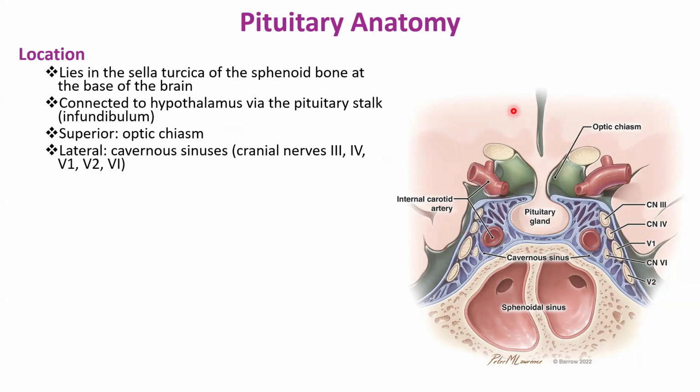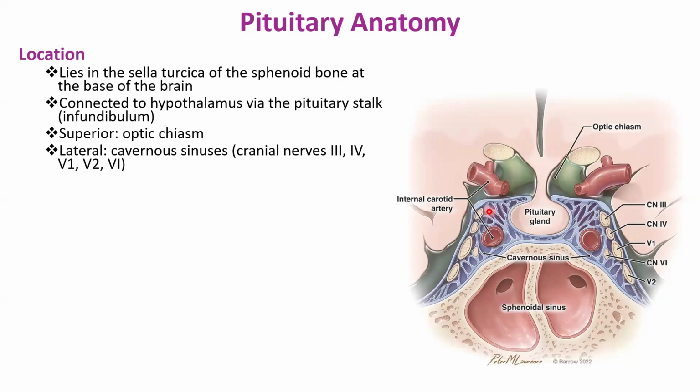You can see this is the cerebrum, and the pituitary gland is coming along the infundibulum. So the sella turcica is connected to the brain using the infundibulum. Inferior to it you'll have the sphenoid sinus. Lateral to it you'll have the cavernous sinus on either side. Superiorly you'll have the optic chiasma.